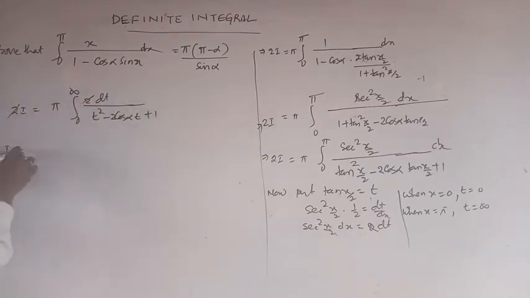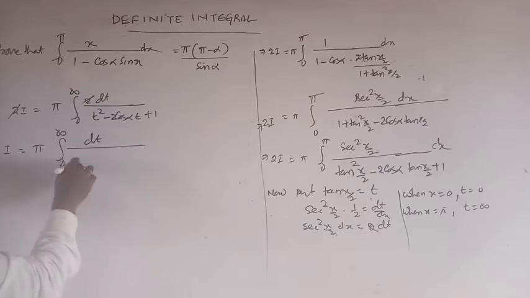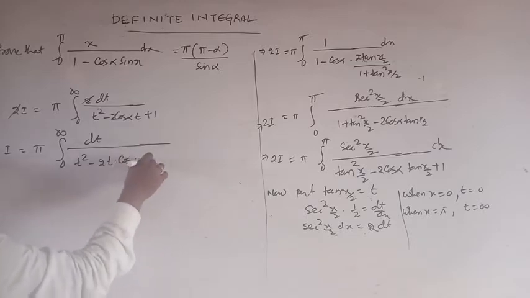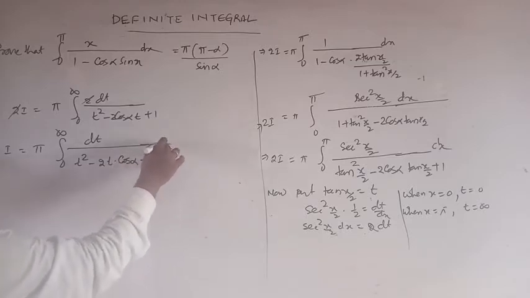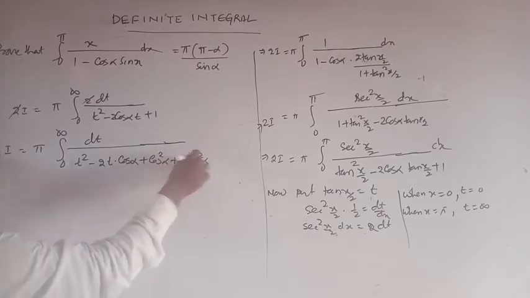So I is equal to pi times the integral from 0 to infinity of dt by (t square minus 2t cos alpha plus cos square alpha plus 1 minus cos square alpha).